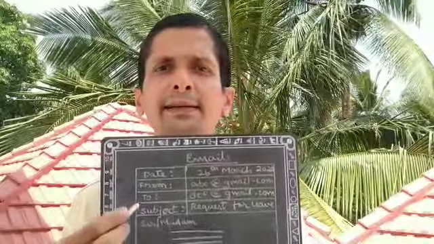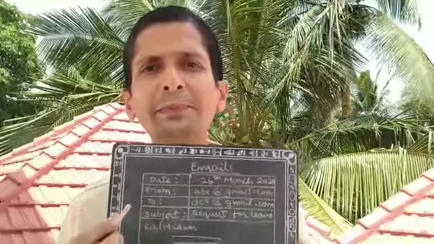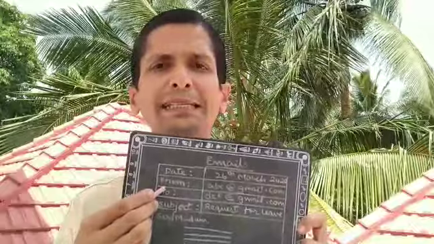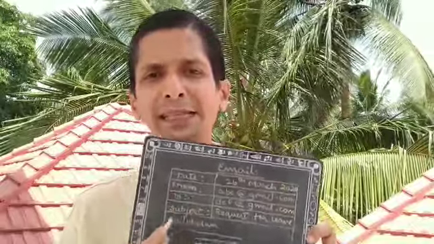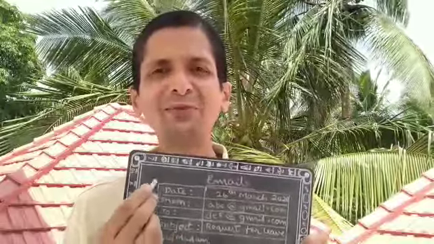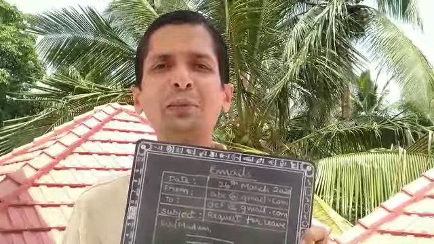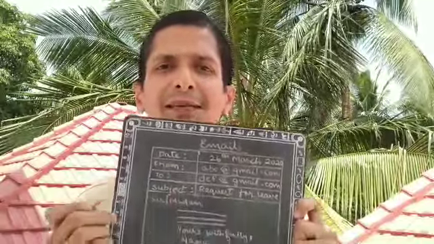When we compose an email on our system or on our mobile device, the date and the from field come automatically. But for the exam, nothing is automatic. We have to write all these things, and only then will we be able to complete all the features of an email when we write for the exam. So these are the things that we should take care of.